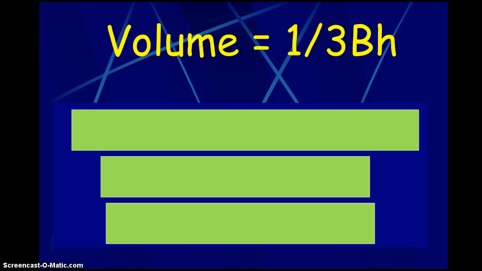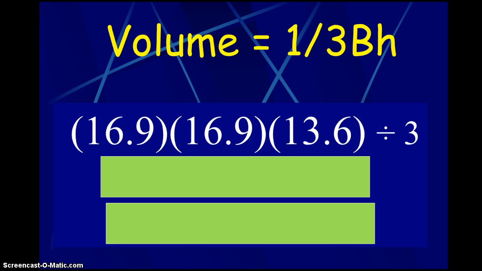So for our formula, that's going to be 1/3 of the area of the base, 16 9/10 times 16 9/10, times the height, which will be 13 6/10. We will take that product and we're going to divide it by 3.